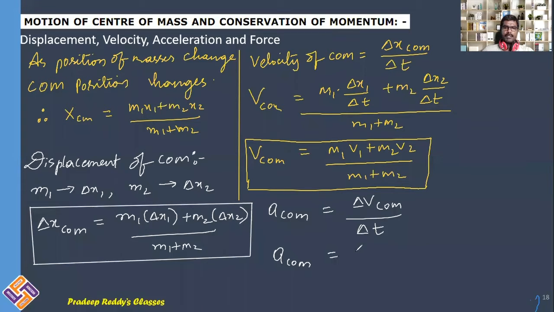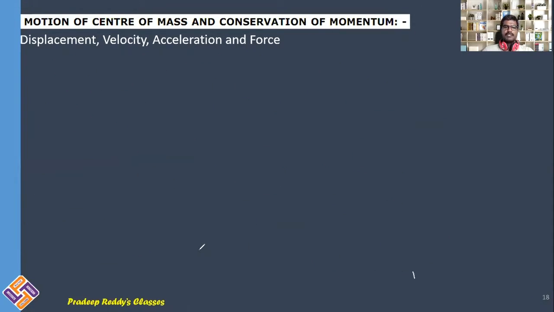So ACOM is equal to (m1 delta V1 divided by delta t + m2 delta V2 divided by delta t) divided by (m1 + m2).